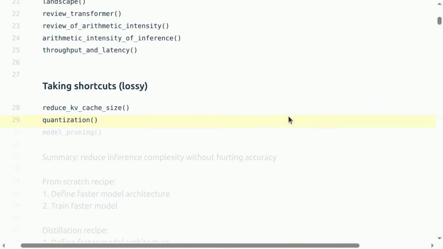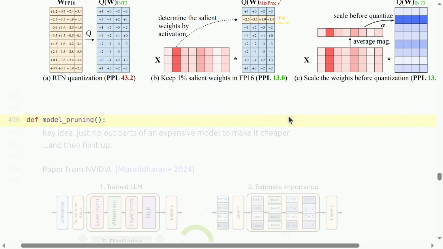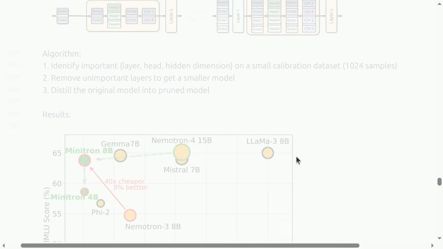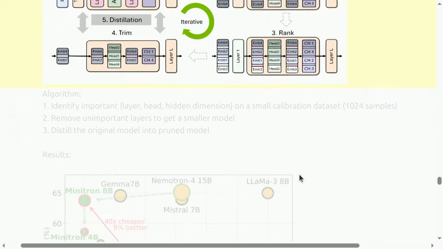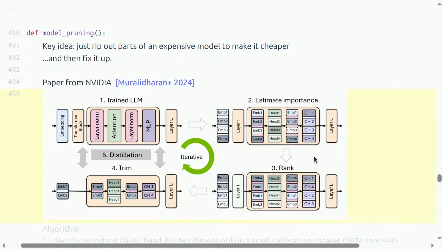Okay, another idea here is model pruning. You take a large model, rip out pieces of it, and fix it up. It's a very crude way, but it turns out to work. There's a paper from NVIDIA where you first estimate the importance of the different parts of the model and choose the most important parts.